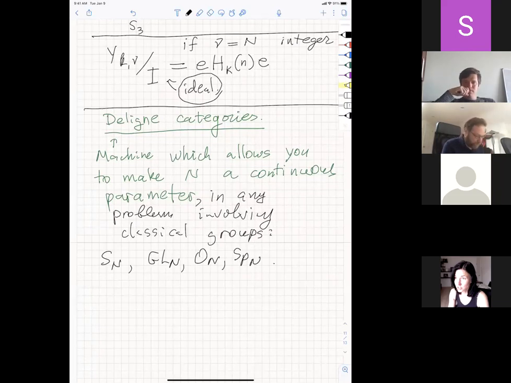And therefore, for example, if you have the supergroup GLMN, that also applies because it contains such groups and so on. Anything that contains in it one of those groups can be interpolated to complex values of n using this machine. And so that's what it is.